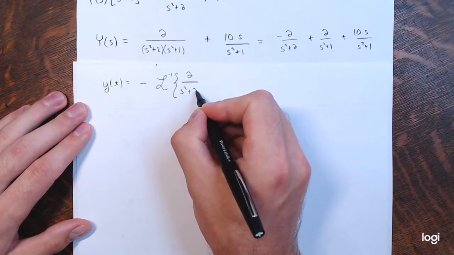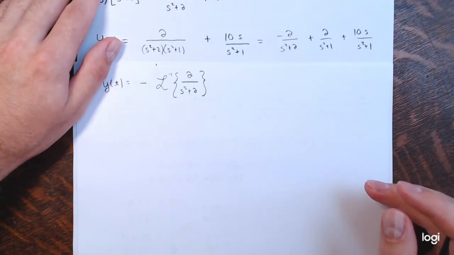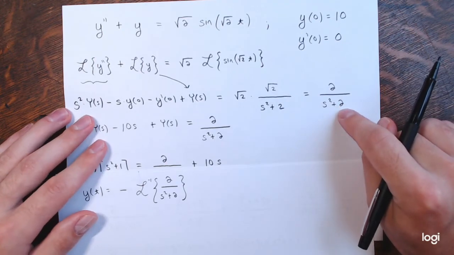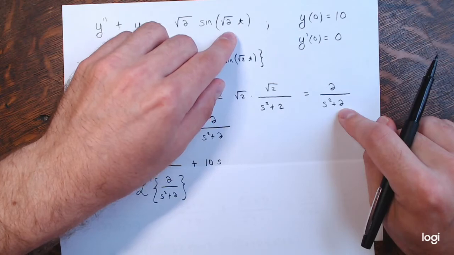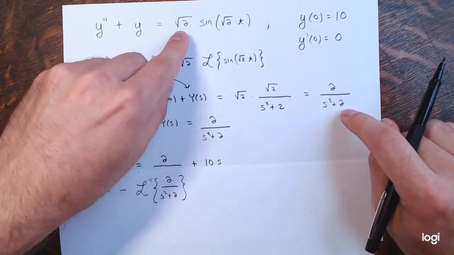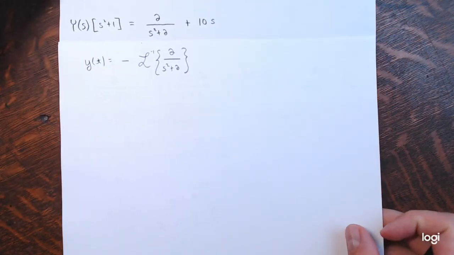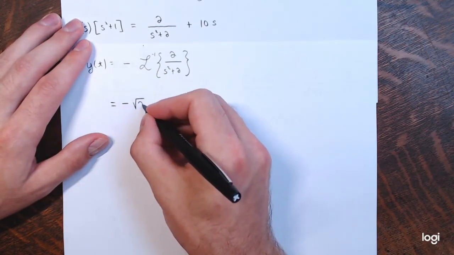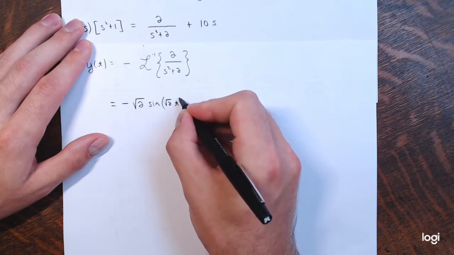The only reason I'm leaving it this way is because we know what this is. 2 over s squared plus 2 was the Laplace transform of the right side of our equation. So the inverse Laplace transform is square root of 2 times the sine of square root of 2t. So I'll write that in here: negative square root of 2 times the sine of the square root of 2 times t.